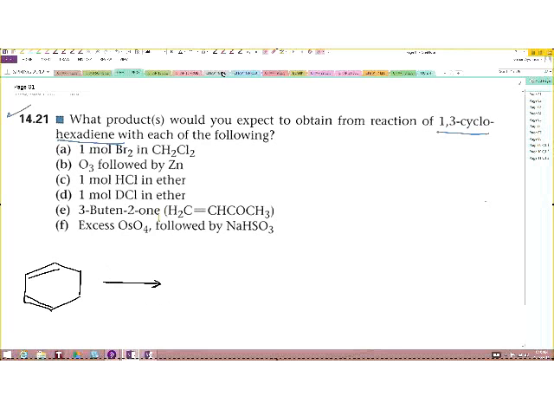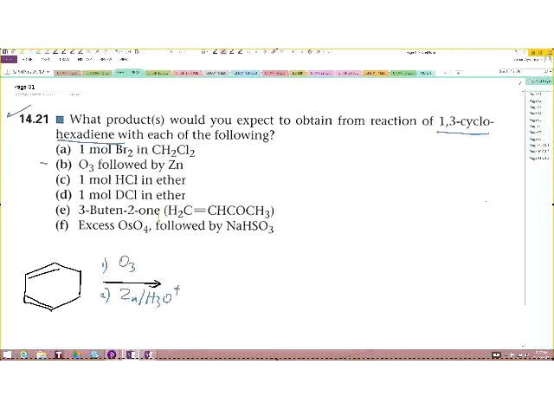Okay, so let us do B. Step 1, ozone. And step 2, we have zinc. Generally, you use this in the presence of some kind of dilute acid. Okay, so what does this reagent do?